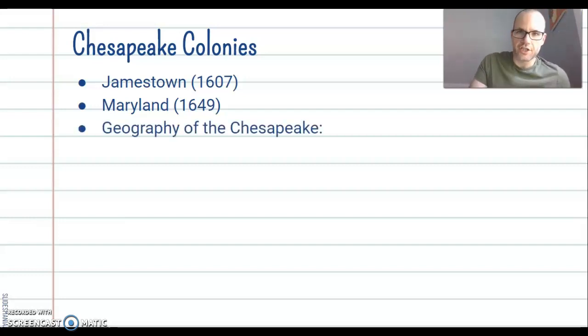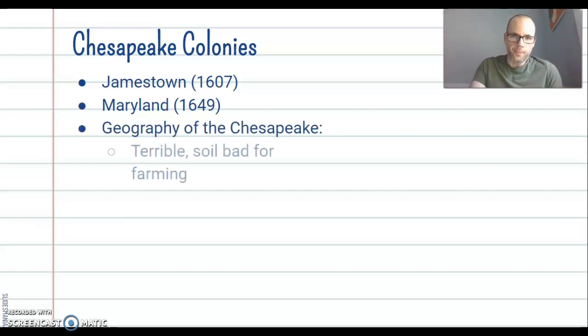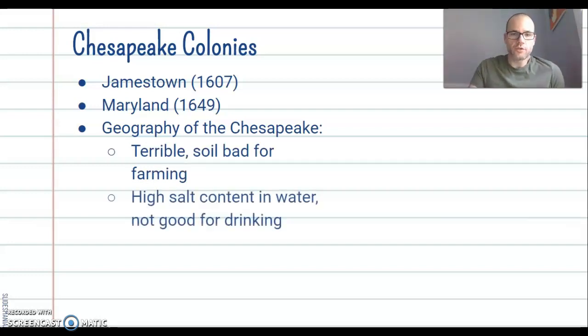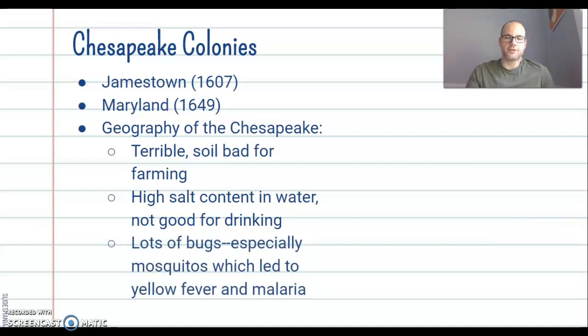Very quickly, the geography of the Chesapeake as a whole. We're talking very bad soil that's not good for farming, and really high salt in the water because it's an ocean coastal area. The Atlantic Ocean runs right up into it. We have the James River that Jamestown is settled on, and it's kind of freshwater, but the big problem is that there are lots of bugs because it's a huge swamp.